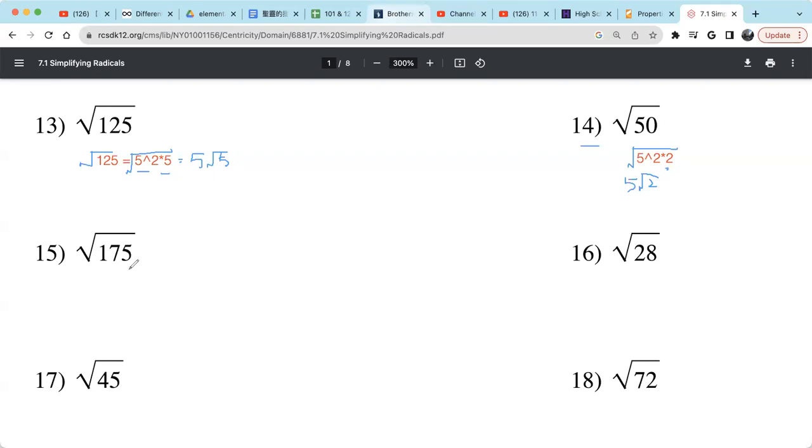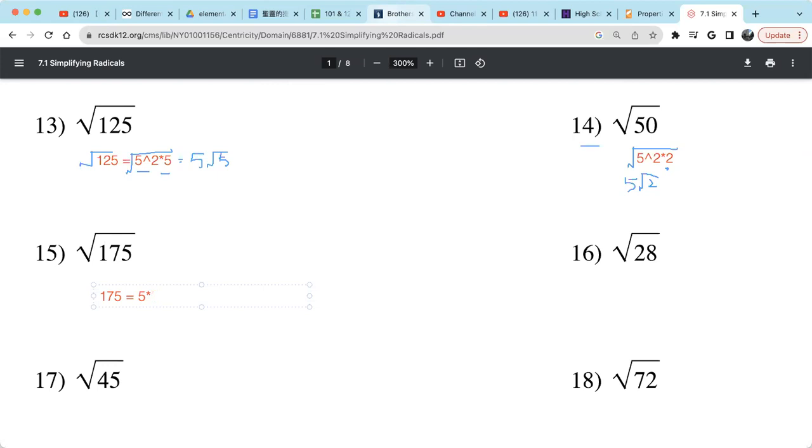Let's see 175, square root of 175. We do the same thing, looking for square factors in 175. If we divide by 5, what do we get? 5 times 3 is 15, so we get 35.